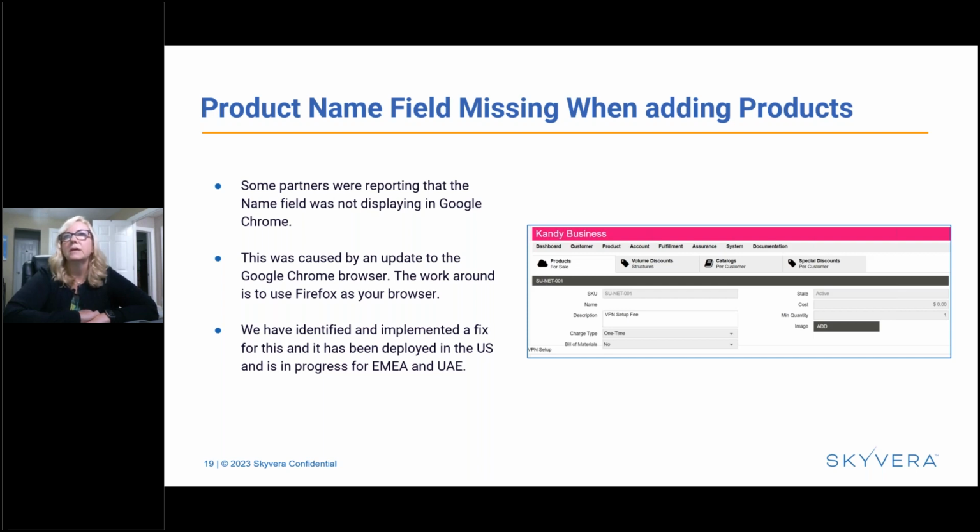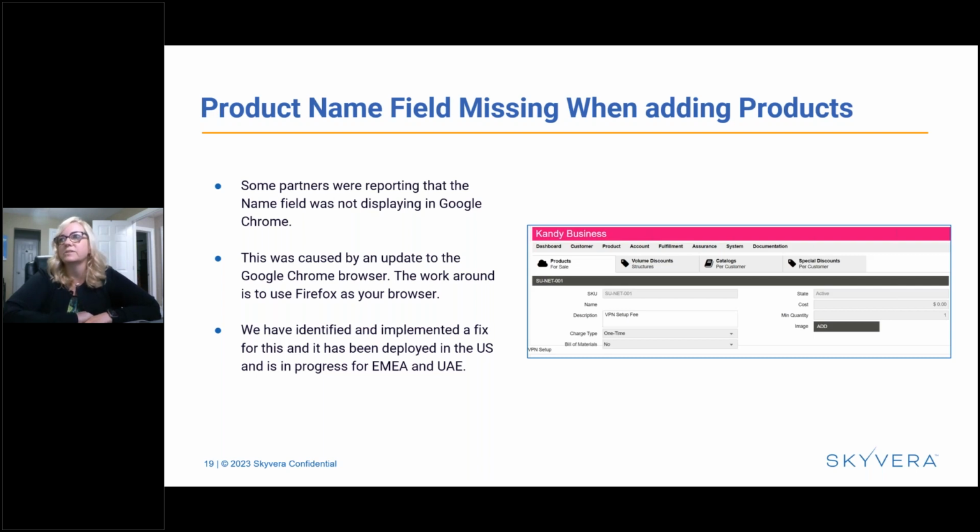We also noticed and have put in a change request that if you go into the dashboard and look at your list of orders, you may not see the name there either. So we've asked them to put that fix in there too. Again, the workaround is to use Firefox as the browser that you log into the Kandy admin, and you'll be able to see it there.